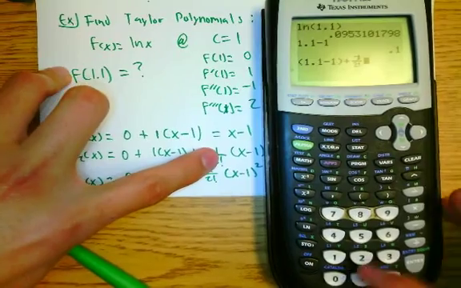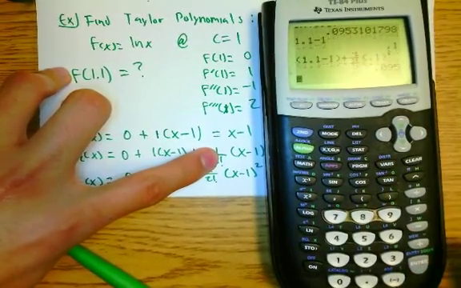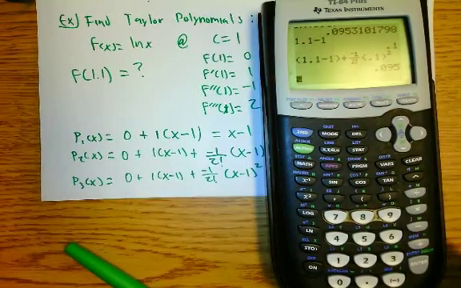And here's what I get. Now I got closer. You see that? So the higher degree Taylor polynomial that you have, the better and better approximation that you are going to get to the actual value of whatever you were trying to do, which in this case was the natural log of 1.1. We're good? Okay.